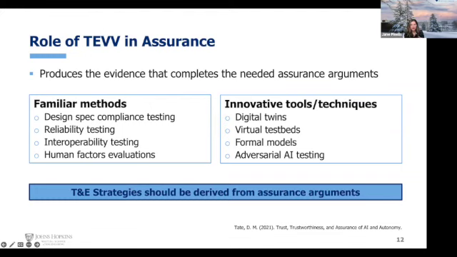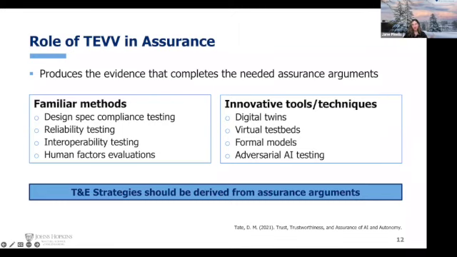But there are some additional innovative techniques that are introduced by this new technology as well. We're much more focused on digital twins and virtual test beds and modeling and simulation, right? If you think about, for instance, what it might take for me to test a drone out on a test range, the amount of safety assurance that I have to establish before anybody will ever let me on a range is tremendous, right?